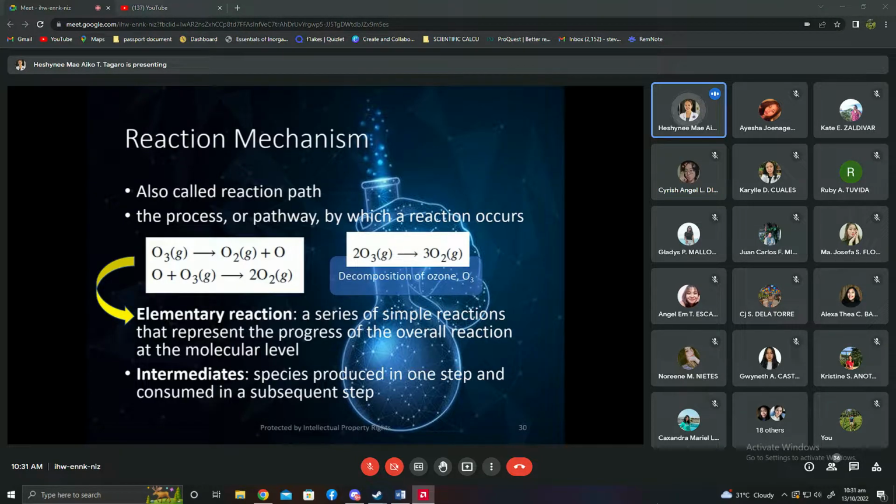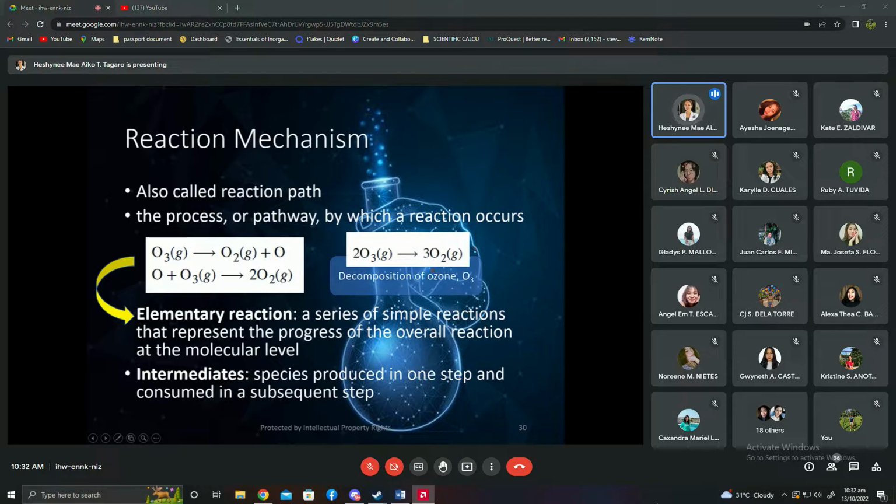Rather, it involves a molecule of ozone decomposing to an oxygen molecule and an intermediate oxygen atom. After which, the oxygen atom here then reacts with a second ozone molecule to give two oxygen molecules. So these two elementary reactions occur exactly as they are shown in the reaction mechanism.